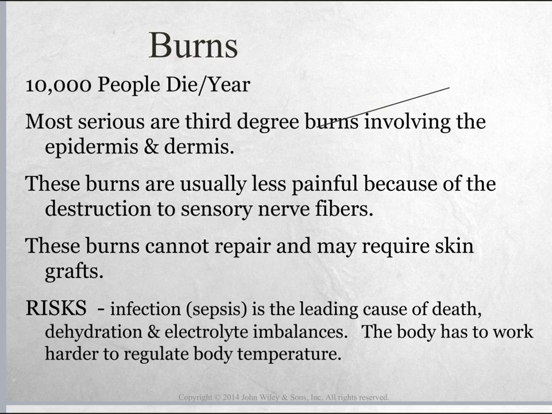Now, these are also the most dangerous because infection or sepsis can occur, which is the leading cause of death. We also lose the ability to regulate temperature, and we see that dehydration and electrolyte imbalance ensue because, remember, water is dealing with sensible and insensible loss, more specifically perspiration, on a daily basis.